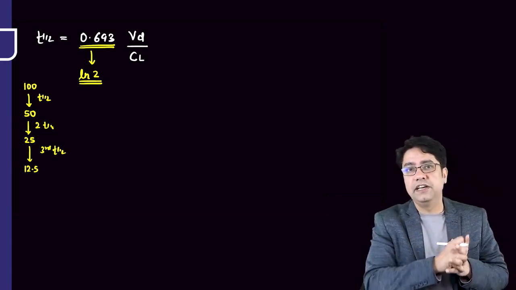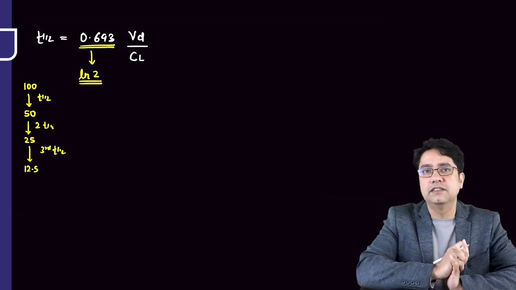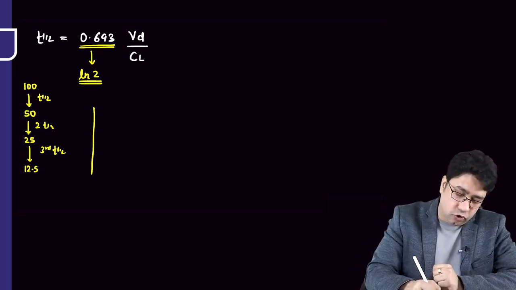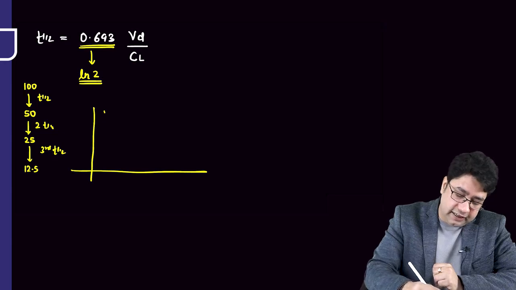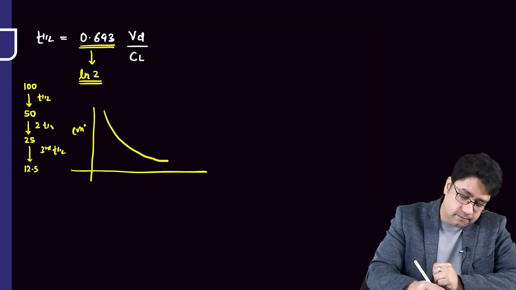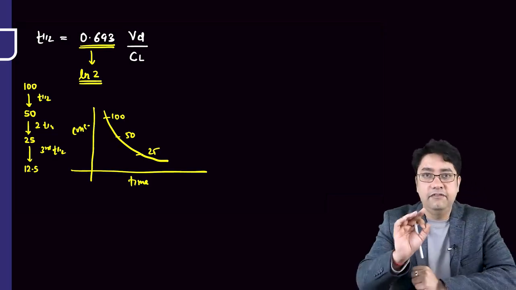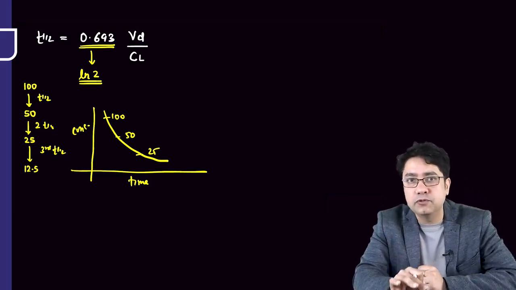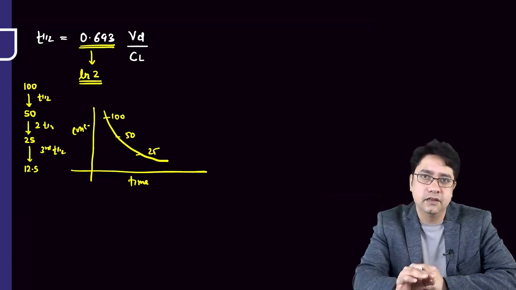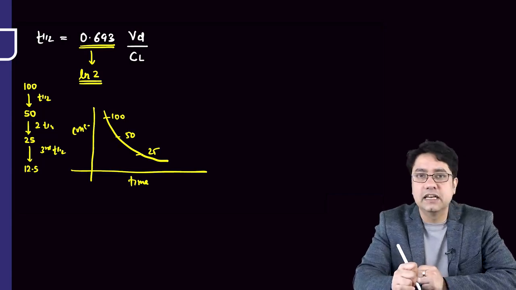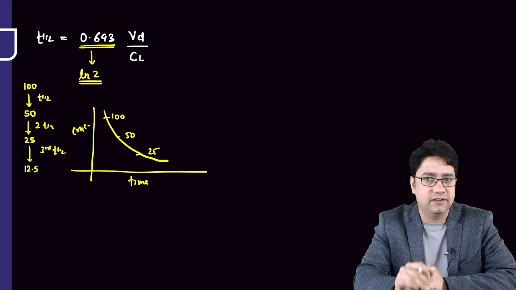So this pattern of decrease in plasma concentration is known as exponential decrease in plasma concentration. That is 100, 50, 25. And when anything falls exponentially, we apply log. So that is why 0.693 is the value of log 2.